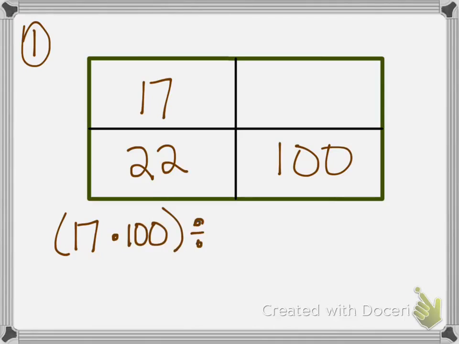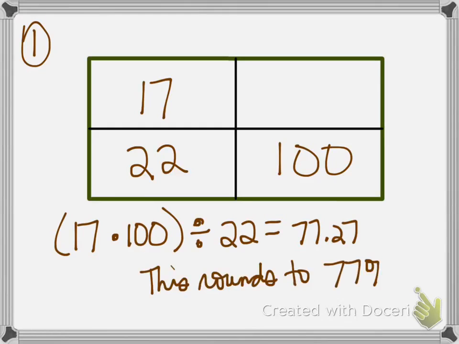In number 1, the box is set up as 17 times 100 divided by 22, which gives me 77.27. Unless otherwise noted, percents should be rounded off to the nearest whole number. So 17 out of 22 gives you a 77%.